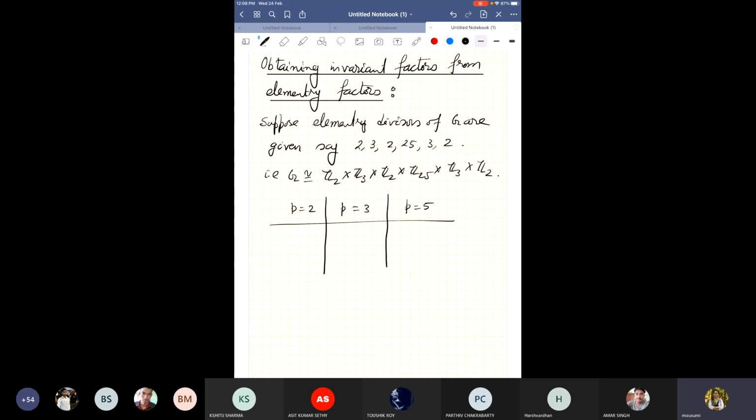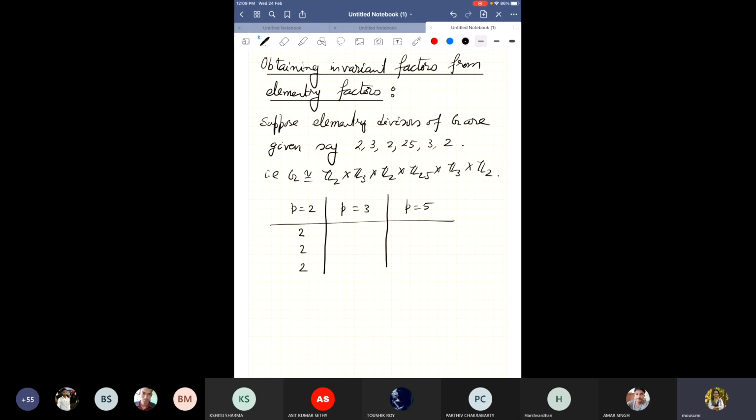And now we will list down all these primes as they are present. For example, how many 2s are present and in what form? The 2s are 1, 2 and 3, and all of them are present in 2 only, not in 2 square, 2 cube or something. I will list down the primes in the order such that the maximum one is on the top and then the remaining ones. Here all of them are the same, so I will have 2, 2, 2.